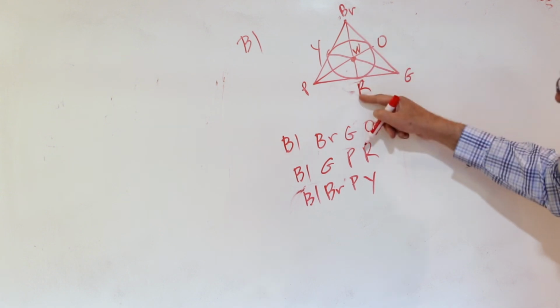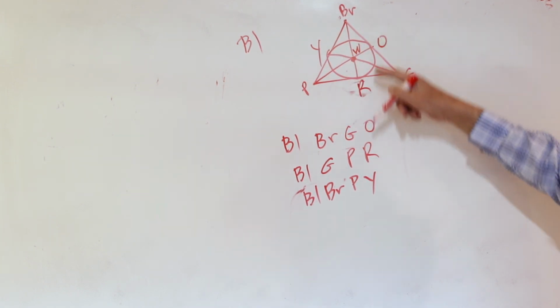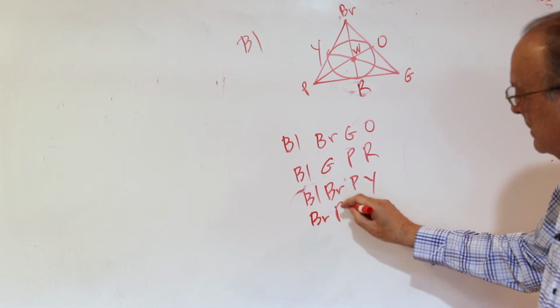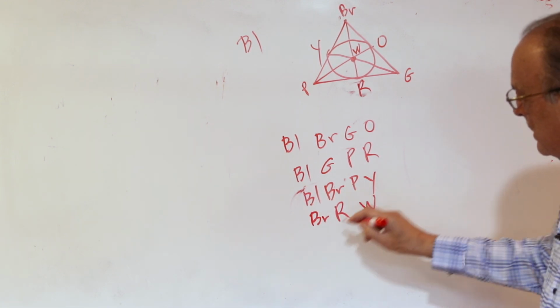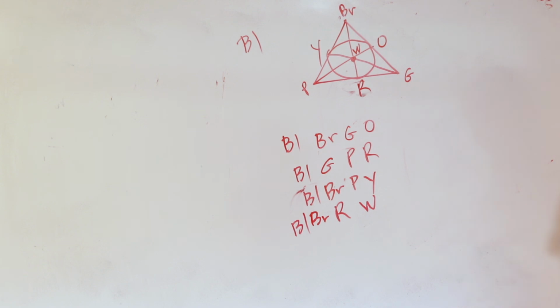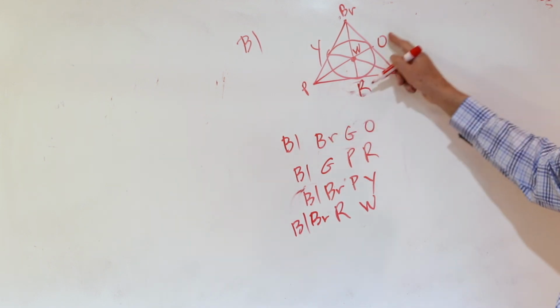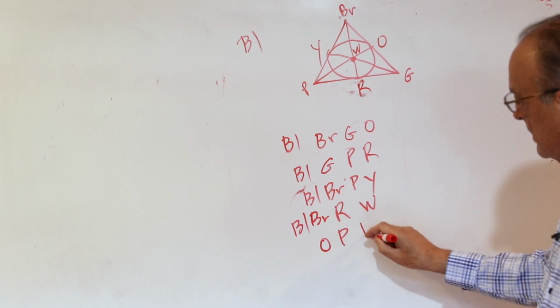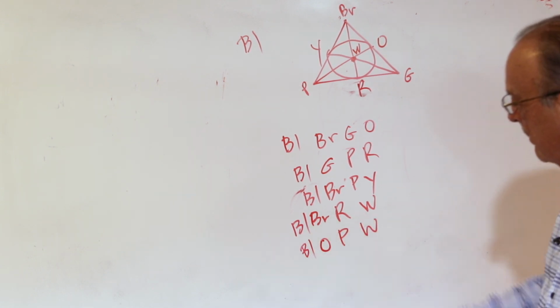And I'm going to do the medians. So it's going to be brown, red, and white, and add the blue. Okay, so then it's going to be purple, orange, and white, add the blue.